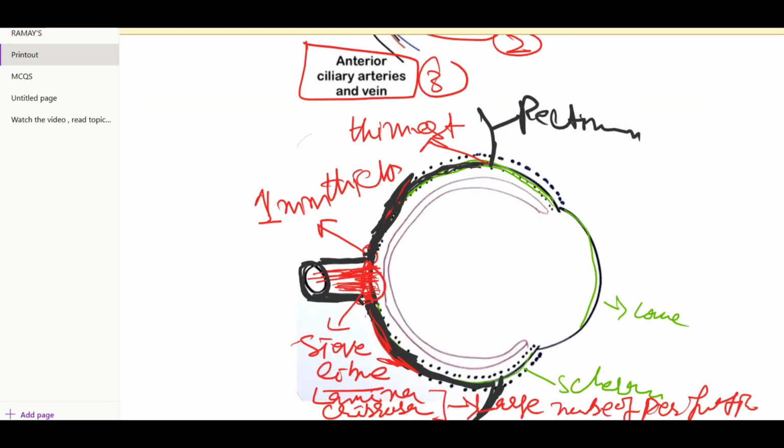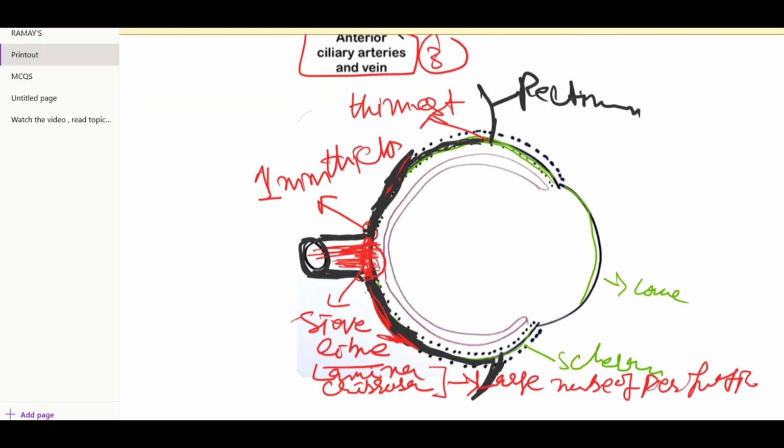Again, refer to that diagram. If there is increased intraocular pressure, it puts pressure on this lamina cribrosa and it becomes bulged like this one.